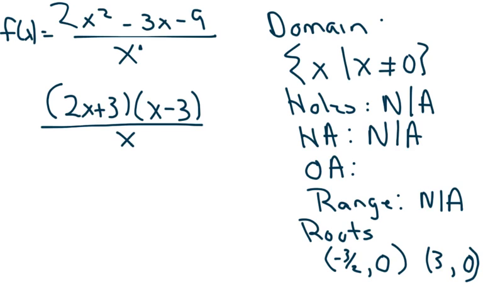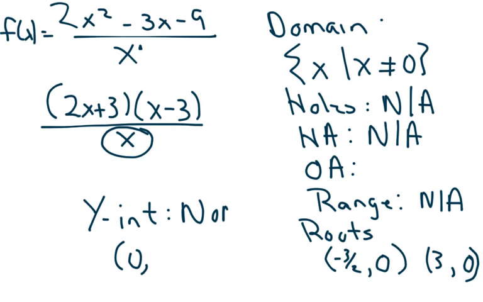Notice with the y-intercept, however, that's when x is 0. So when x is 0, we can't divide by 0. So in this case, we do not have a y-intercept because you can't divide by 0. So there is no y-intercept.